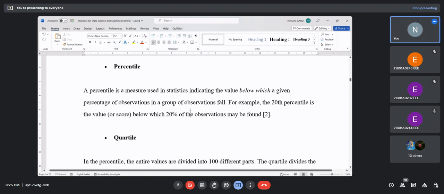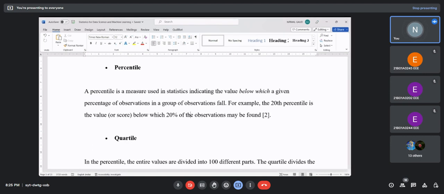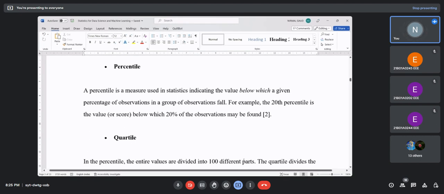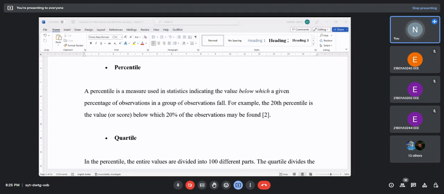In the GATE exam or CAT exam, the person who gets the highest score gets the highest percentile.